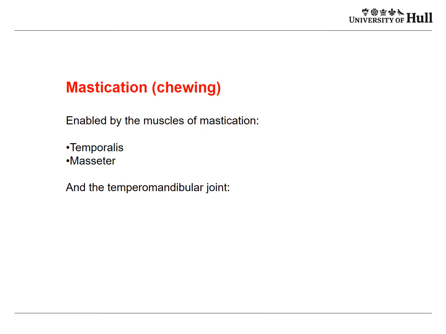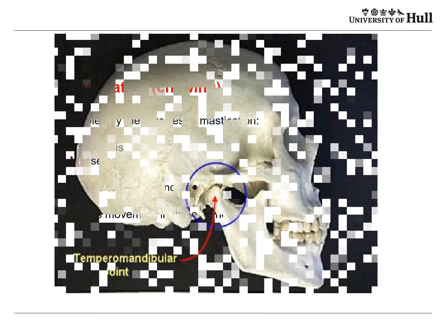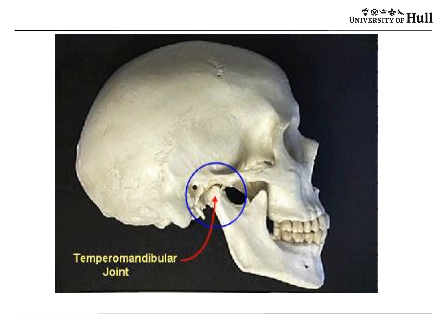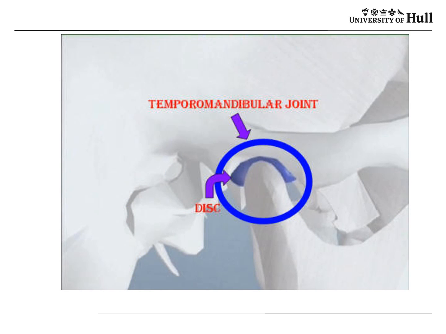And we also have the temporomandibular joint, and this allows movement in 3 planes as we're chewing. We chew up and down and to the side and in a circular motion. And there's the temporomandibular joint. And here it is shown larger.